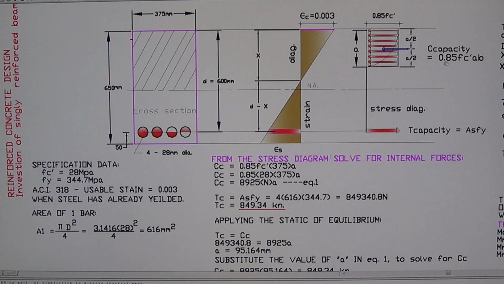The concrete compression is 0.85 times the concrete strength f'c multiplied by a and b. The b here is the width of the beam, and a here is the depth of the stress block.